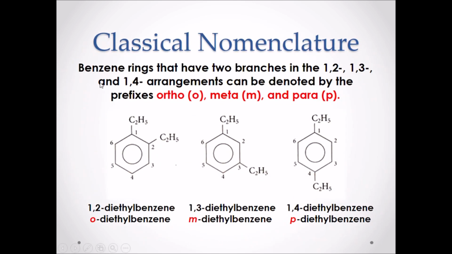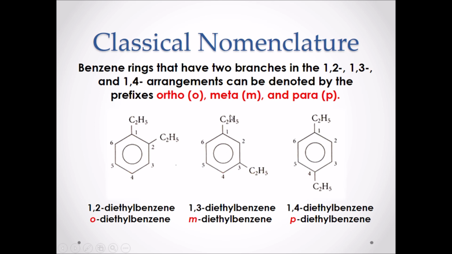Classical nomenclature. Benzene rings that have two branches in the 1,2, 1,3, or 1,4 orientations can be denoted by the prefixes ortho, meta, and para. When there are two branches in the 1 and 2 locations on the benzene ring, it can also be known as O for ortho.